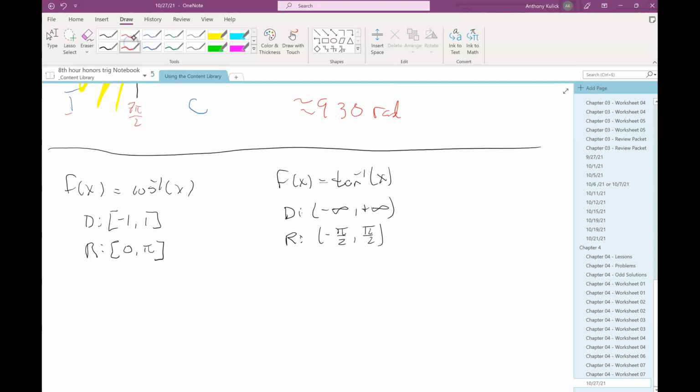So here, cosine inverse is going to give you angles in quadrant 1 and 2. And then tangent inverse still gives you quadrant 1 and quadrant 4.